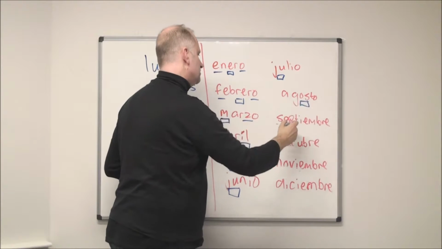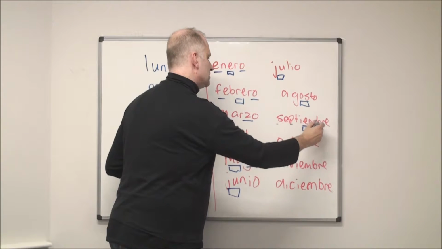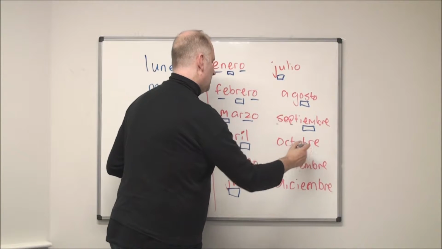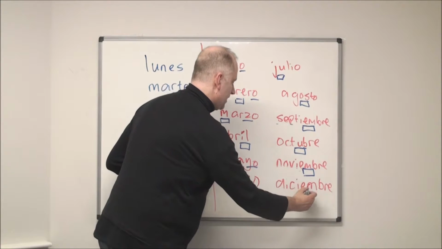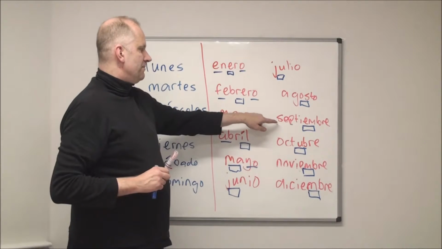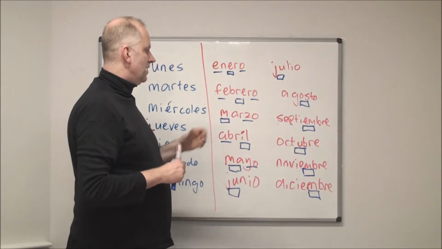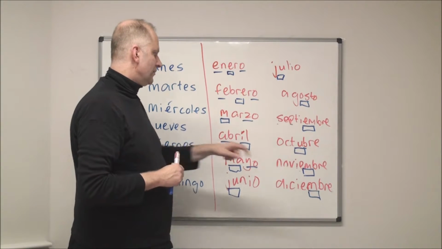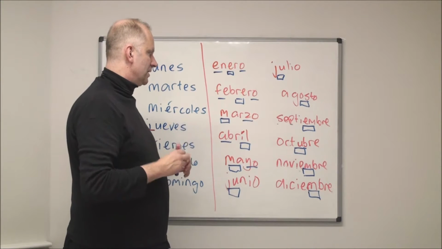Agosto is the second. Septiembre is the one before last. Octubre, the second. And noviembre, the penultimate syllable. Diciembre, the penultimate syllable. When you say septiembre, the two middle vowels, the E and the A, almost sound like one syllable together. Noviembre, so it's almost like saying noviembre with the I and E blended.